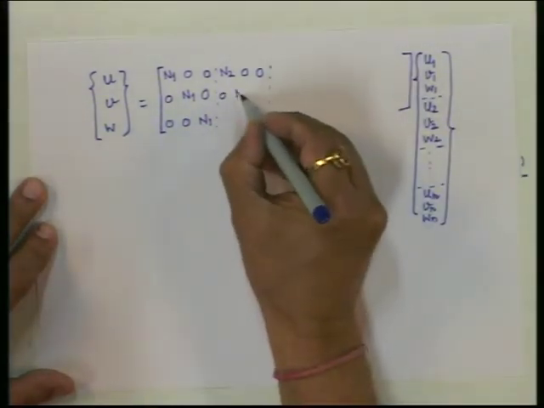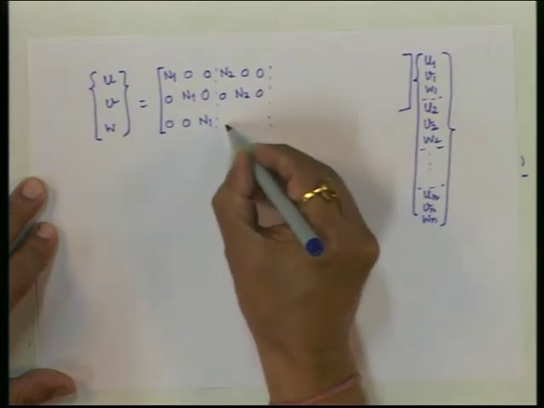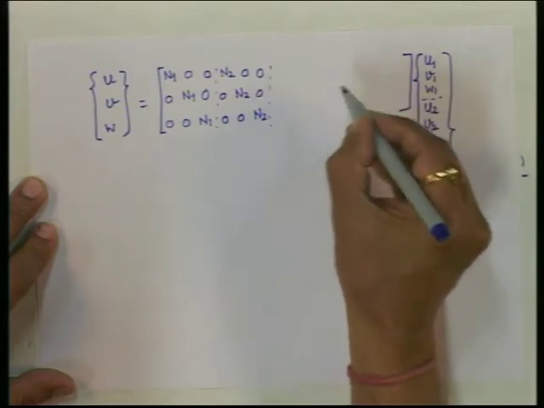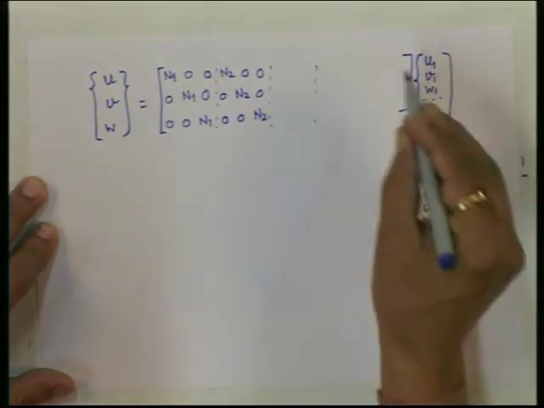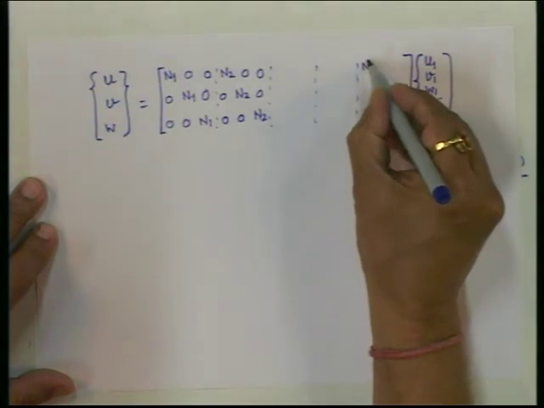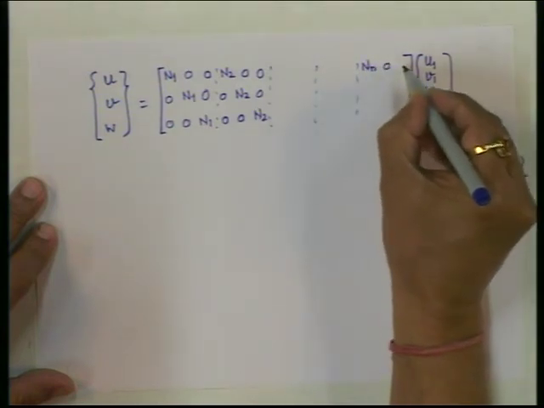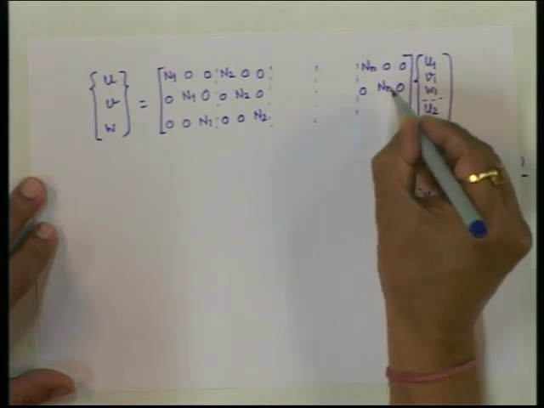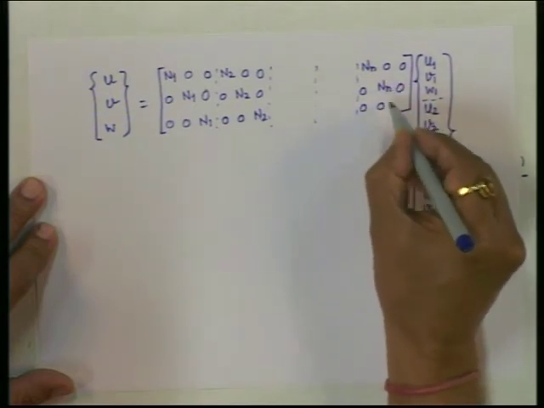So, like this there will be a number of blocks, and lastly it will be Nn 0 0, 0 Nn 0, 0 0 Nn.